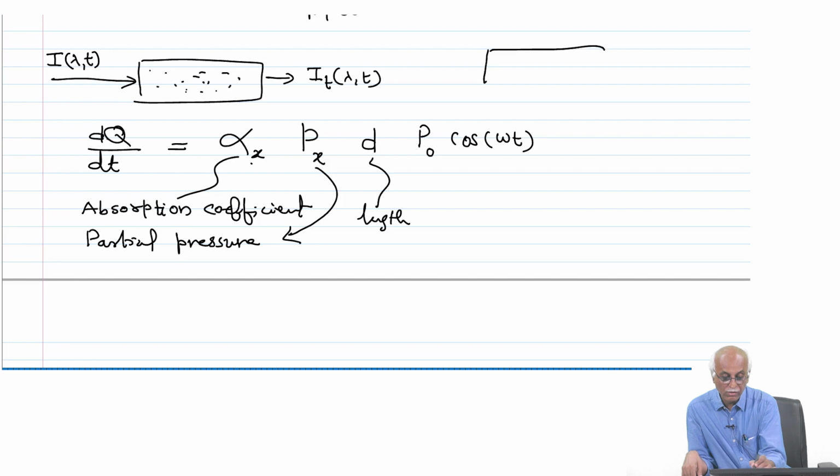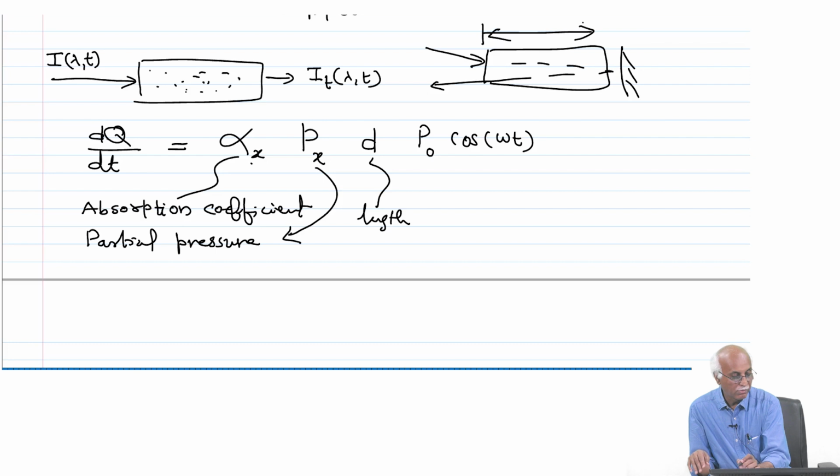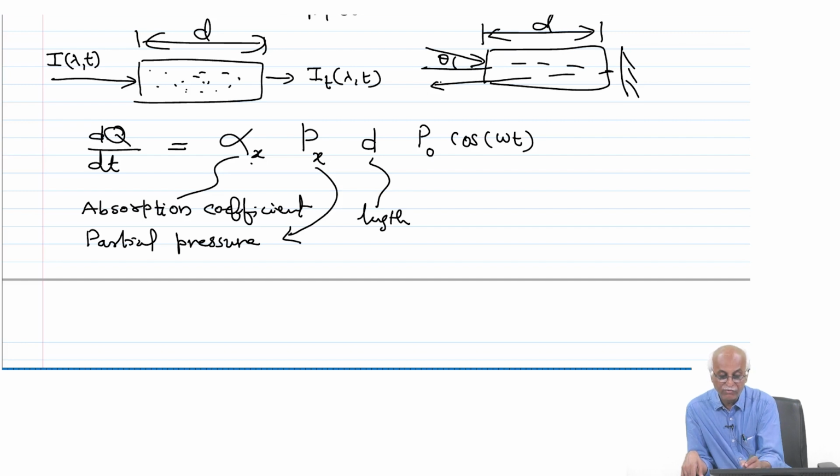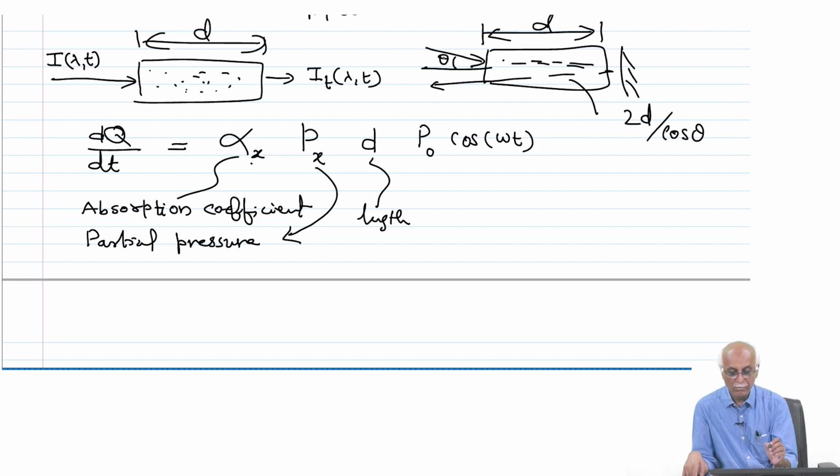If there is a reflector here and I have a gas cell with length d, and the light comes in at an input angle theta, then the light passes through this cell, gets reflected back through this cell, and the path length will be 2d divided by cosine theta, depending on this angle.